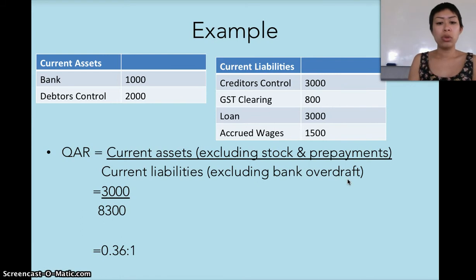That means that if you do overdraw, it's not an immediate debt to repay the bank back, because you've actually arranged a facility for them to allow you. So we've taken it out. It's not as urgent as the other items.